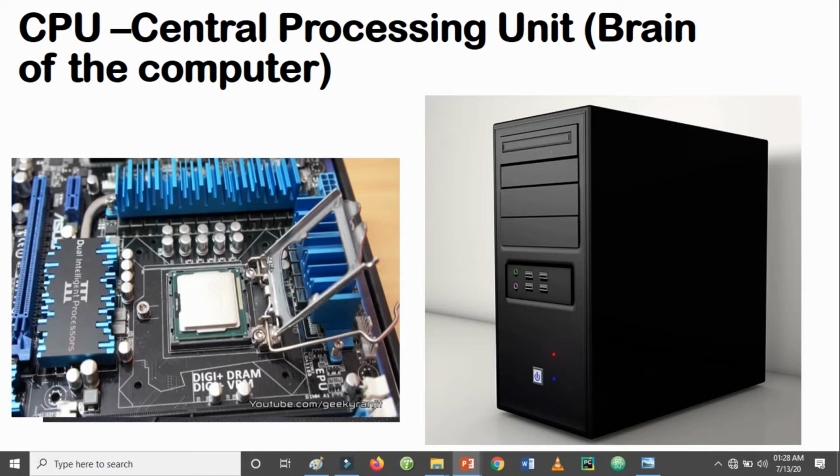It's called that because when you give a computer work, this is the part where everything gets performed. It's like our brain. When I ask you to do a math problem, your brain does it. When you ask a computer to do something, the CPU does it and shows it through the monitor. That is why it is called the brain of the computer.